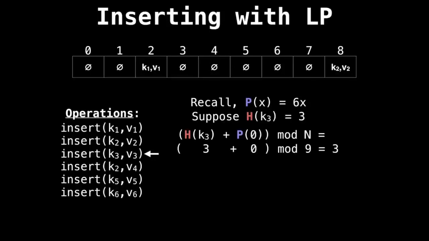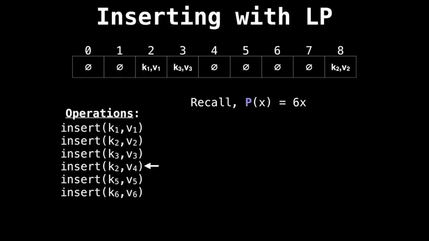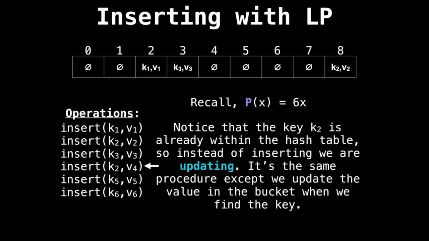Alright, so that went in because that slot was free. Now let's try inserting k3. Suppose that hashes to 3, then we can insert at position 3 and there's no issue. Now notice that we're trying to reinsert k2, which already exists within our hash table. So instead of inserting it, we're actually going to be updating its value.